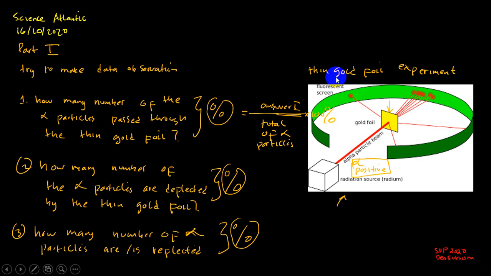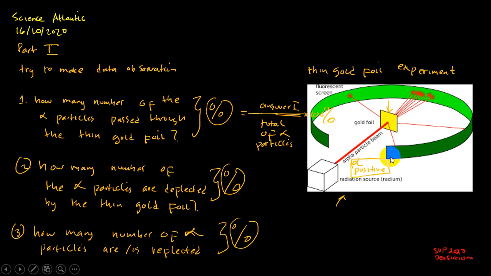Part 1 is basically the real data. This is the real experiment data. You try to calculate how many alpha particles pass through it. So there are 3 things in here: pass through, and this is deflected, okay? This is deflected, and this is reflected back.